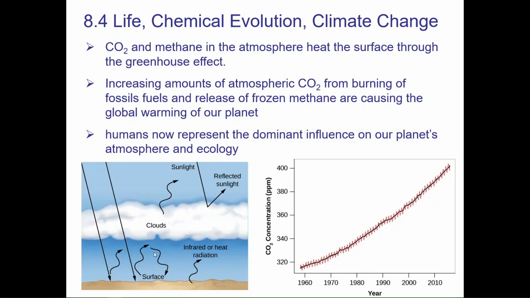Instead, a certain percentage of the heat is kept near the surface. Only part of the heat is able to go all the way to space. And that is actually a good thing, because without the greenhouse effect, Earth would be too cold.